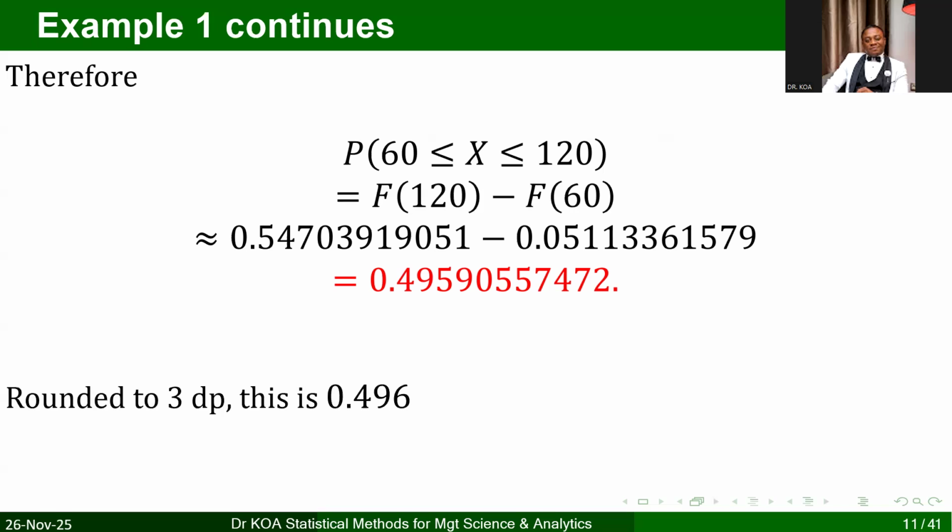If you correct it to 3 decimal places, you get almost 50%. Like I said, one can also use the table to be guided, but this approach is flexible. That's it. Now, any question on that before we go to the next?